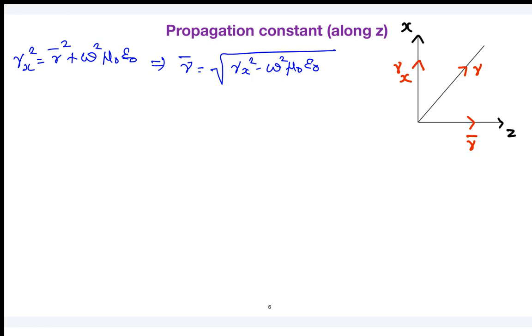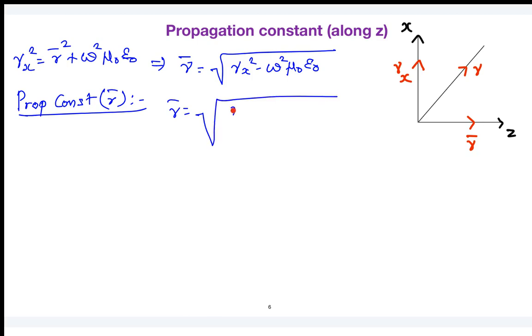So what is the propagation constant gamma bar you are getting right now? We know the value of gamma x is m pi by a, so gamma bar is equal to root over m pi by a whole square minus omega square mu naught epsilon naught.